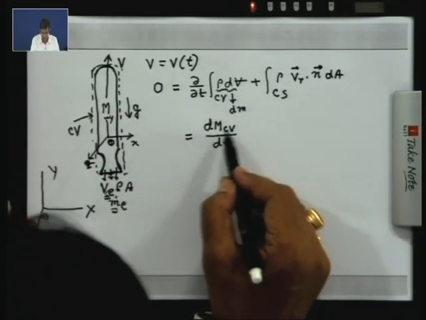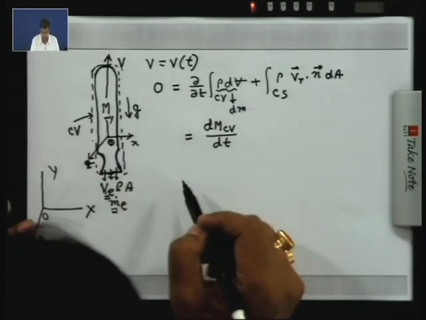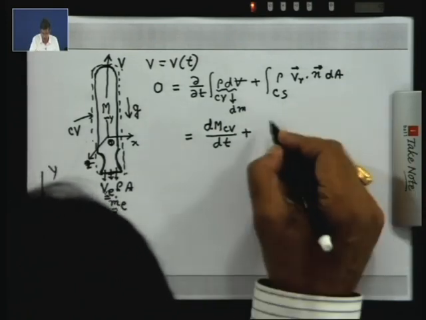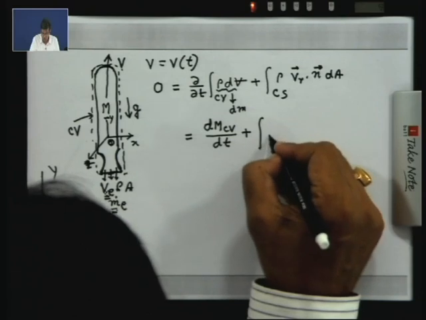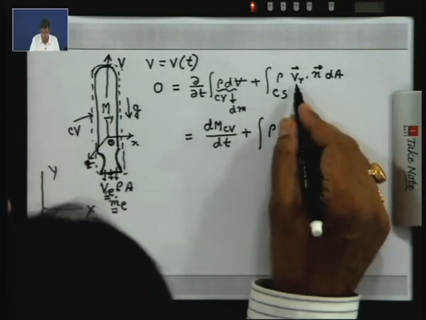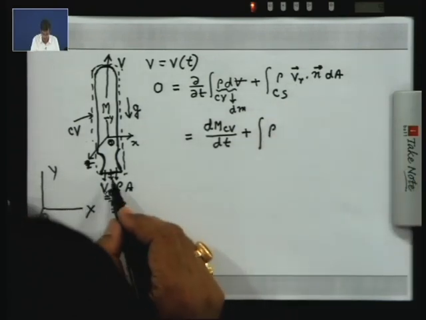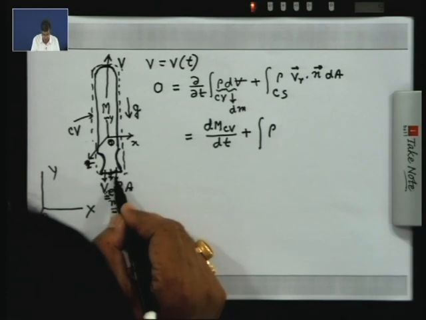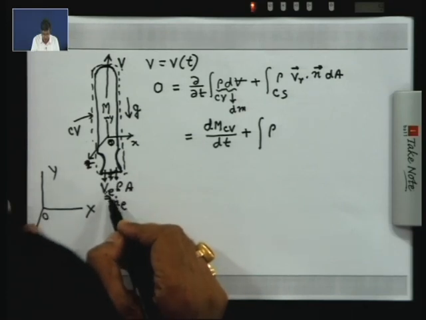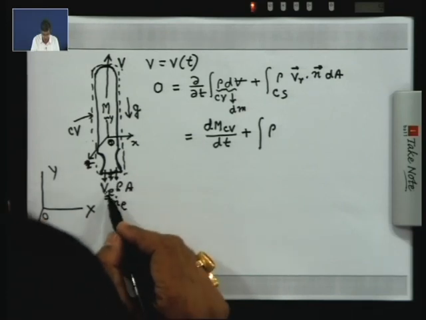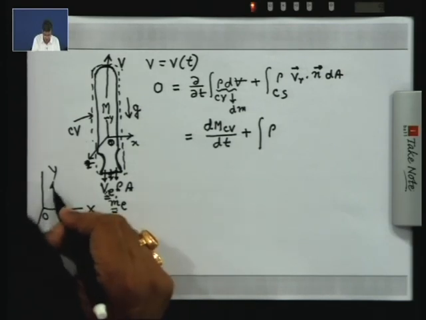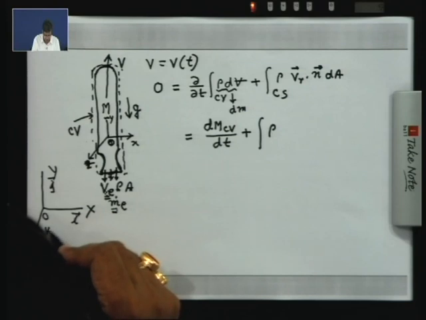We take the control volume circumscribing the rocket and write this. So, therefore, this mass of the control volume is the mass of the rocket, that I will come to now, plus what is this term? Let us consider rho. Now, what is VR? VR is the velocity relative to the rocket, and it is already defined this way, that it is coming outward, that means in the downward direction, vertically downward, with velocity V. Let us define by our convention i, j and k as the vectors.